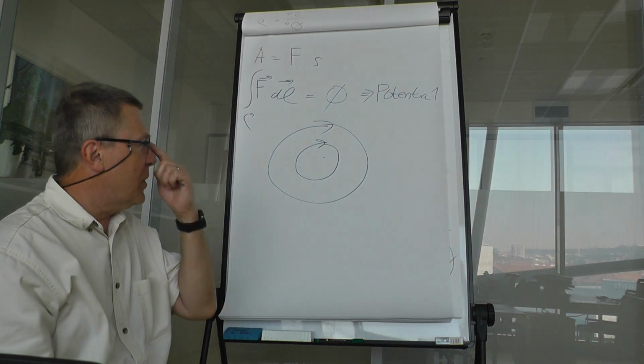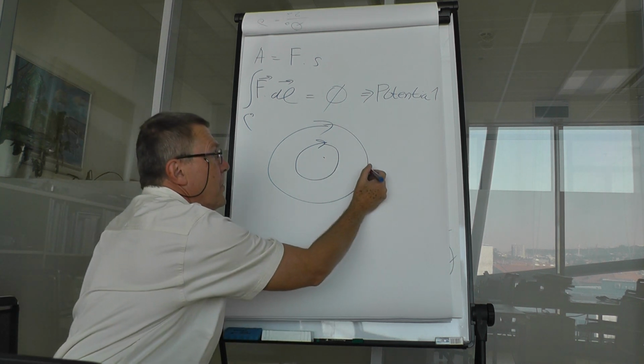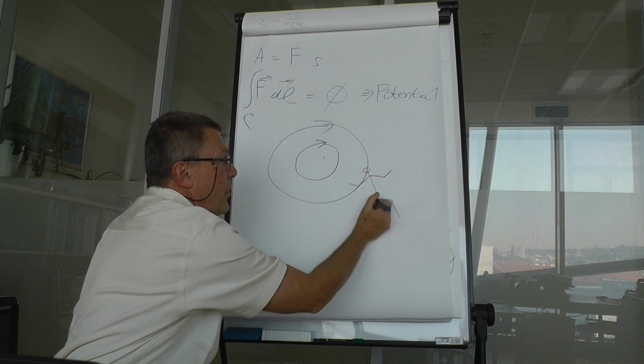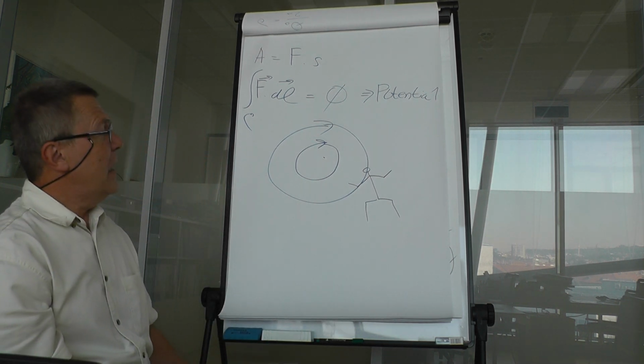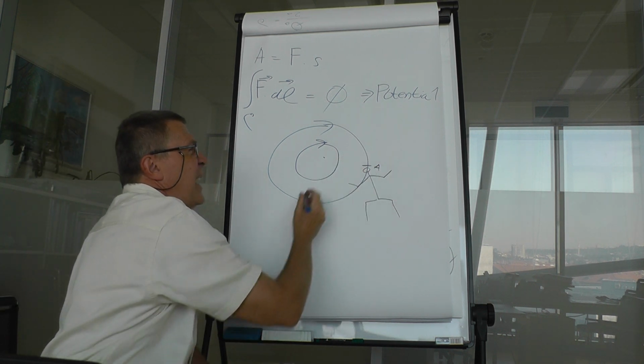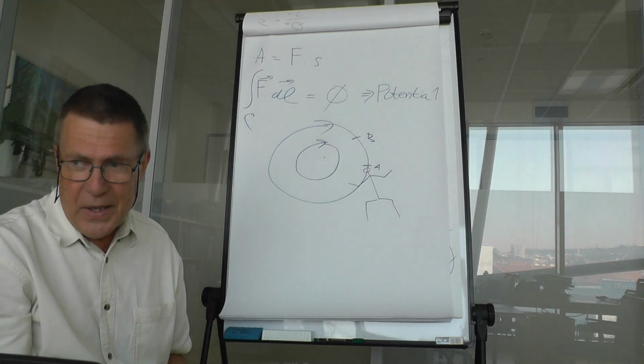And now within this rotation, we will have a swimmer. And now the swimmer, who is at point A, would like to get to point B. He has two ways to do it.